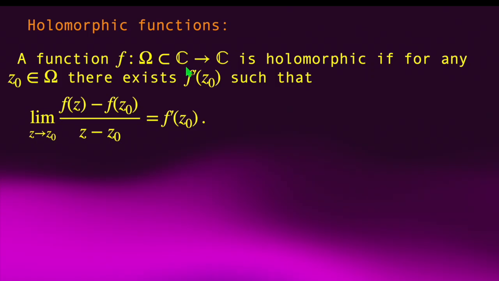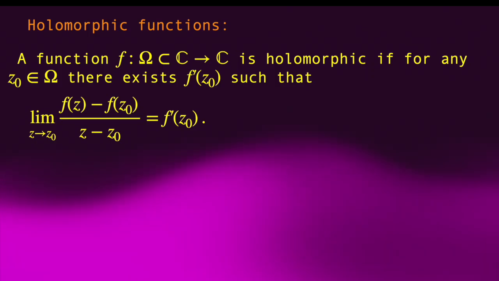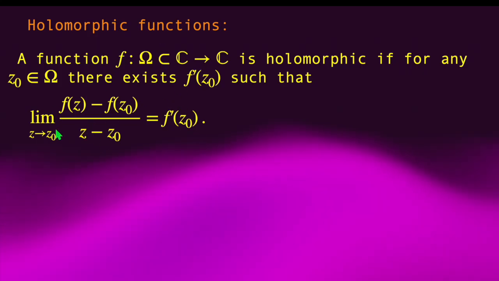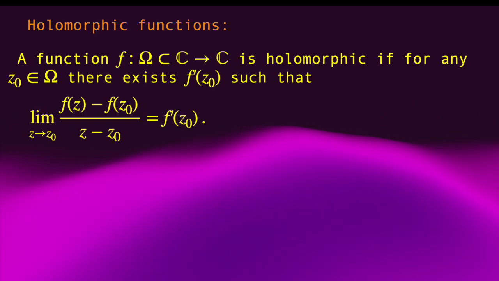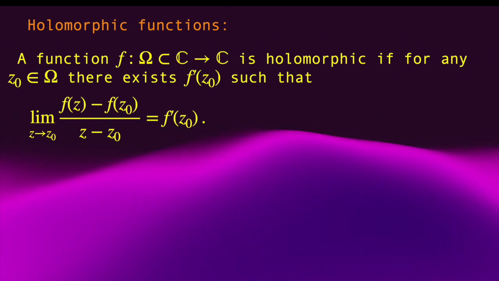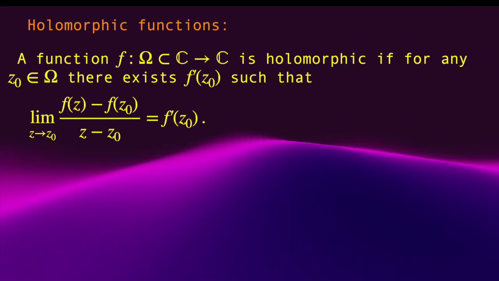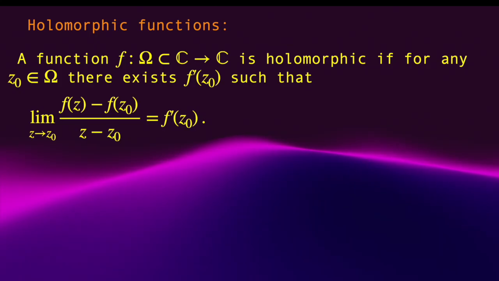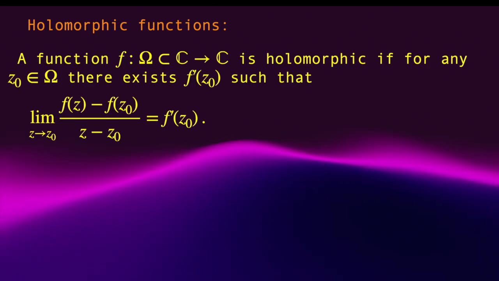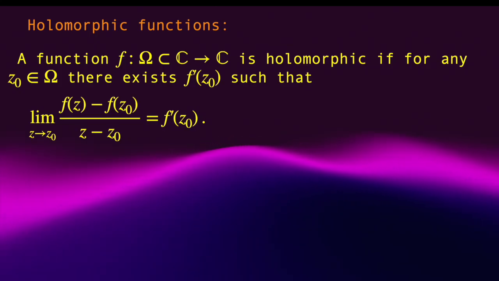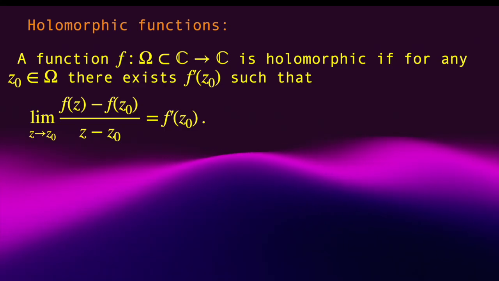So f is derivable, or differentiable, in the sense of C. So we have this definition. What we have done here is just take the definition of the derivative in the real case and apply it to the complex case.